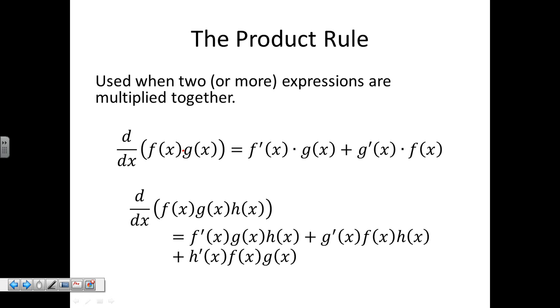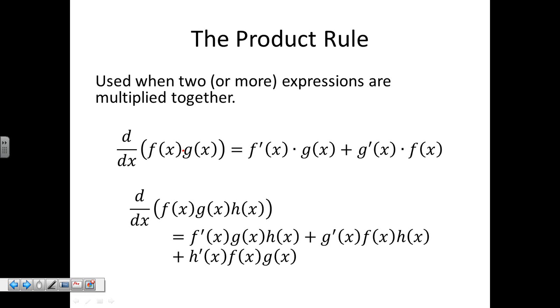Now, if we want to take the derivative of something that has more expressions multiplied together, so here I have the derivative of f times g times h, three expressions multiplied together. Basically you take the derivative of one expression at a time and multiply it by the original expressions. This pattern works with 3 or 4 or 5 or 20 expressions multiplied together. You take the derivative of each little piece separately and multiply it by all of the other original expressions.